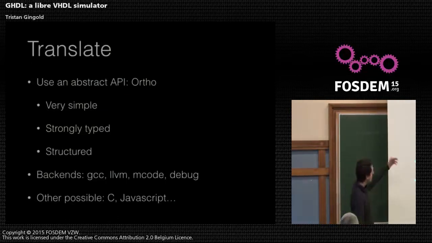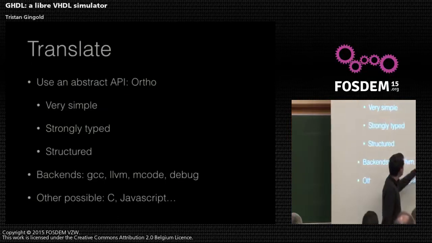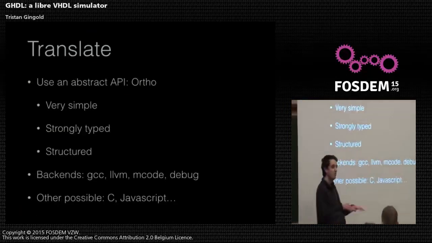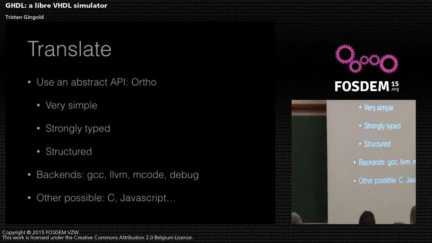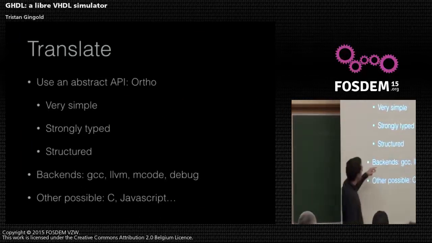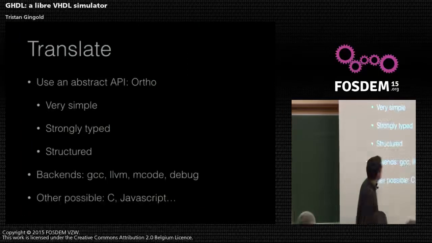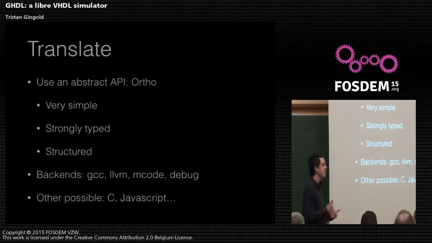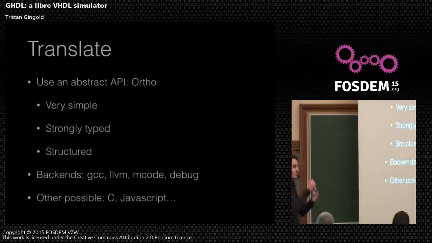From this API, I can connect to either GCC, LLVM, the internal code generator, or I can also dump this tree. All of that is very useful, particularly for debugging the translation pass. It's much easier when you see what is generated.